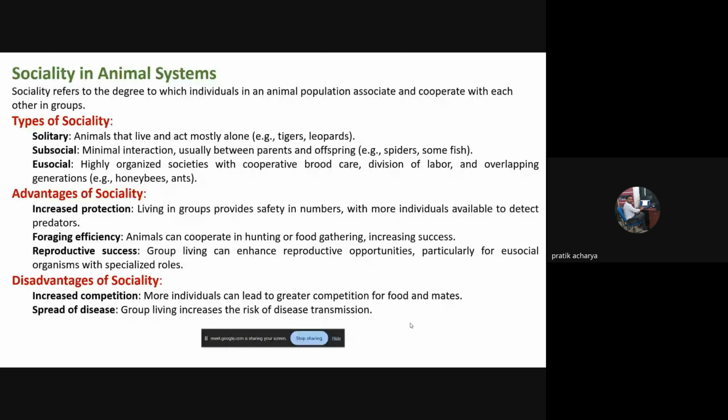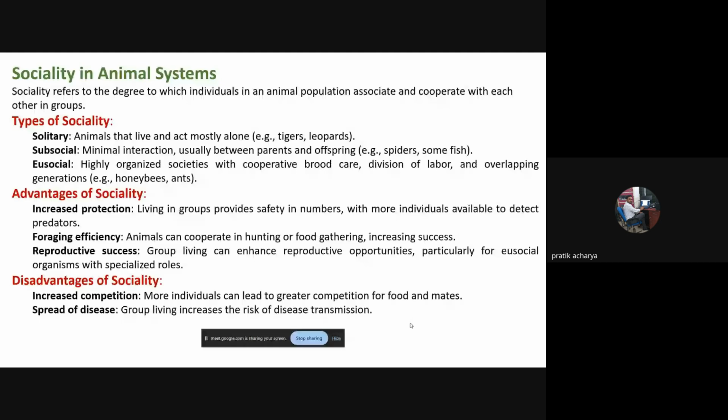What are the disadvantages? If sociality is more, that means more organisms are present in the society, which obviously leads to more competition. More competition means more struggle for existence. Okay, so that is the disadvantage. And spread of disease. When we talk about a communicable disease, we just witnessed one, COVID-19.